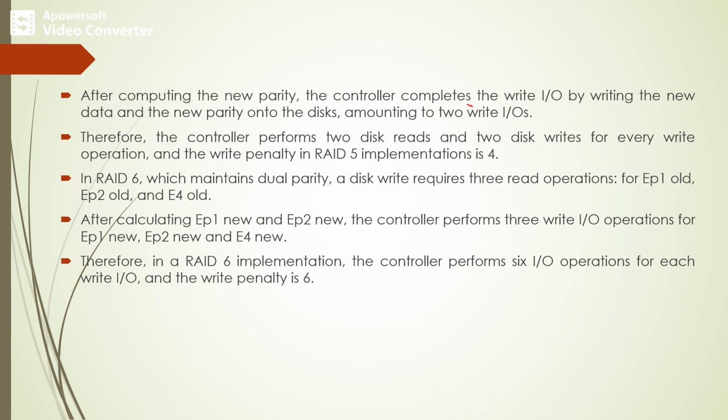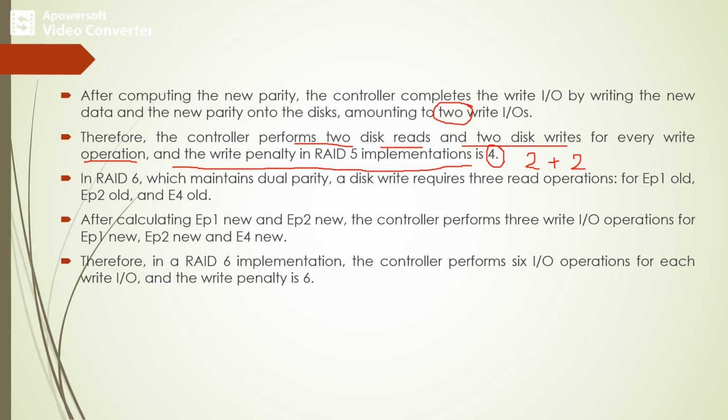Therefore, the controller performs 2 disk reads as well as 2 disk writes for every write operation, and the write penalty in the case of RAID 5 is 4. That means 2 read operations plus 2 write operations.